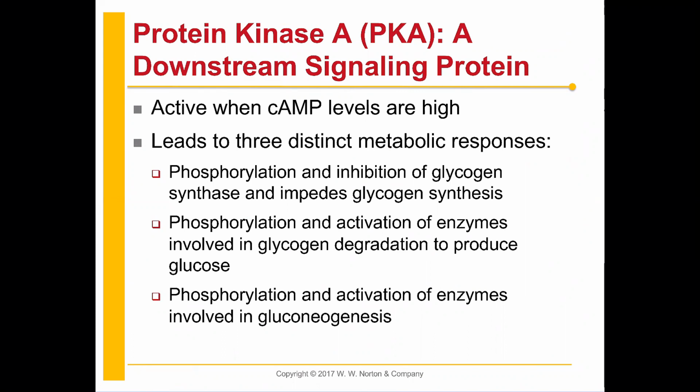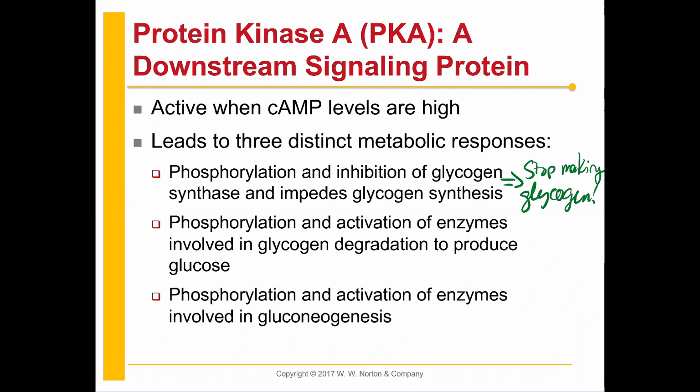We're going to phosphorylate and inhibit glycogen synthesis. If we can stop glycogen synthesis, that's really great, because glycogen synthesis is taking glucose and turning it into glycogen for storage. We want to stop making glycogen. That's really important, right? If you want to put glucose in the bloodstream, you've got to stop making glycogen.